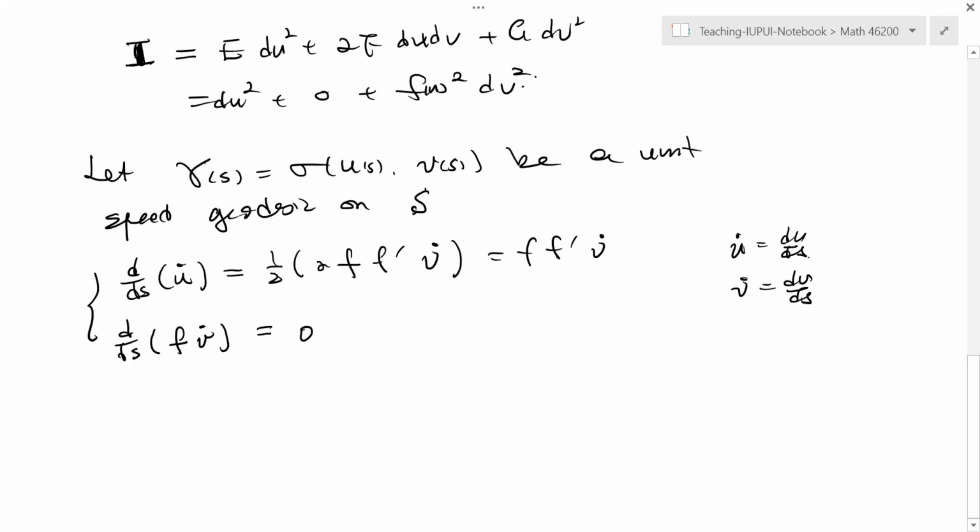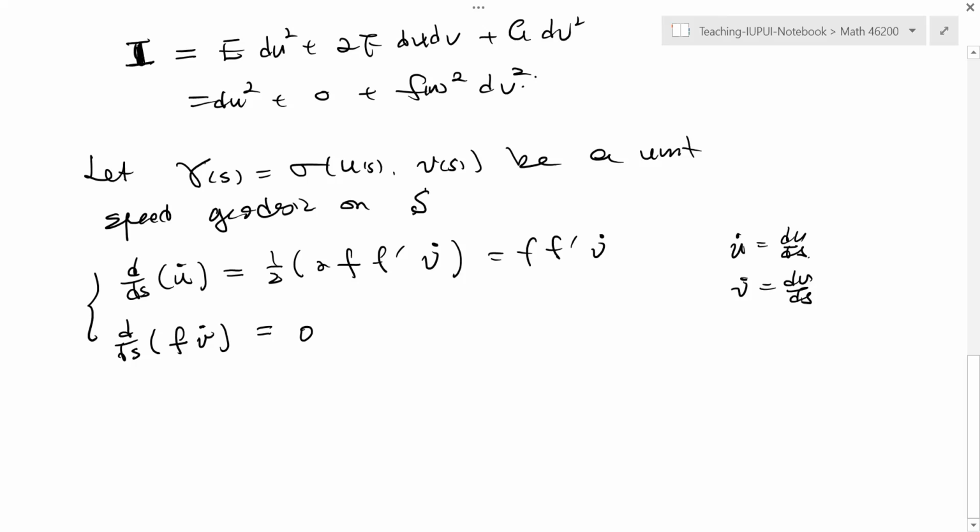And we know from this, we can quickly figure out some special geodesics. Some special geodesics. So we can see that meridians are all geodesics.